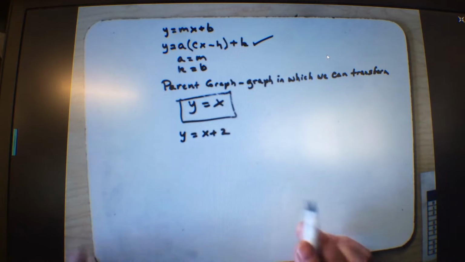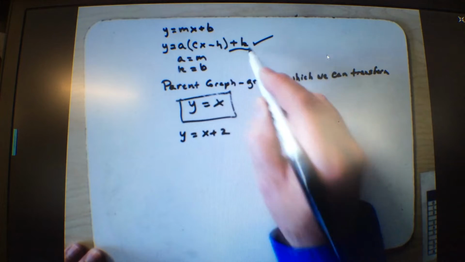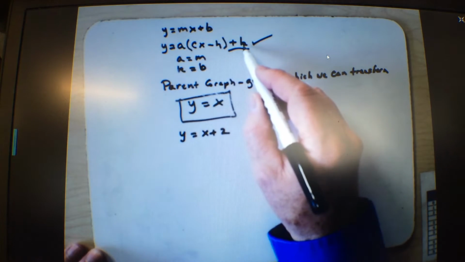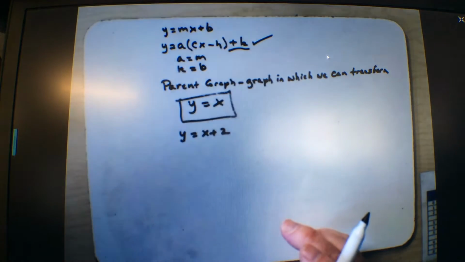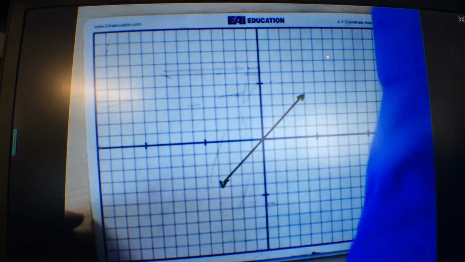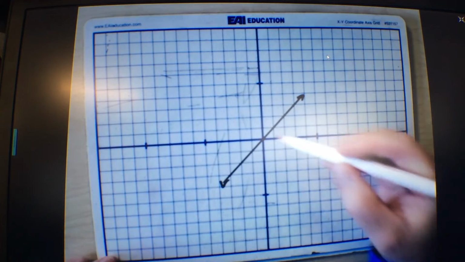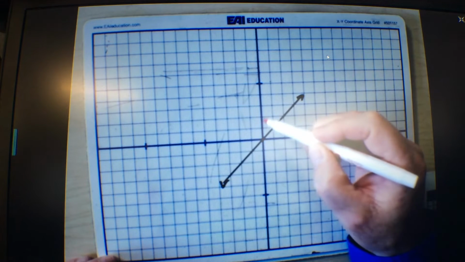What it does to the parent graph is when we add a k, this k right here, we're going to raise it up 2. All right? So, see this graph right here? We're going to raise this up 2. We're going to move the whole thing up 2. So, see the origin? Goes up 2.